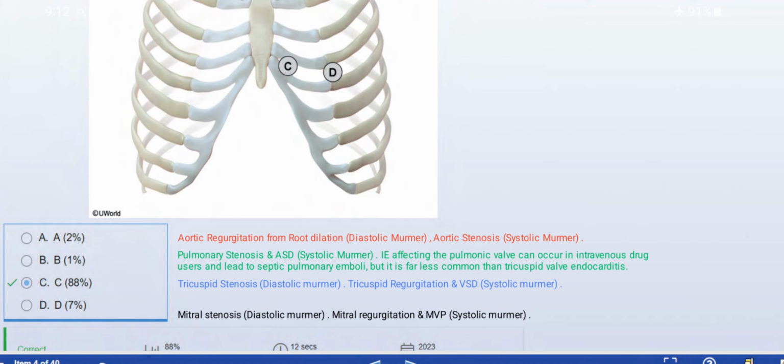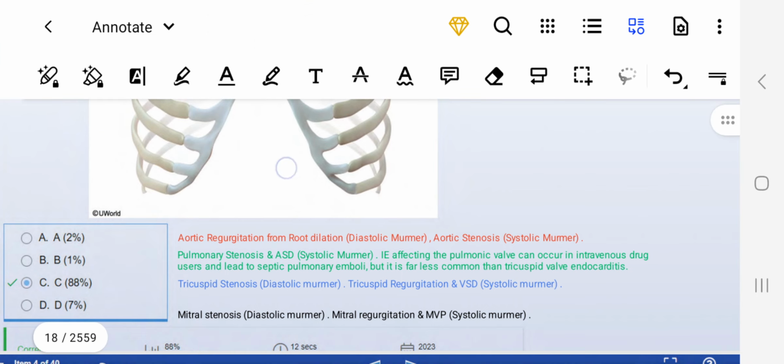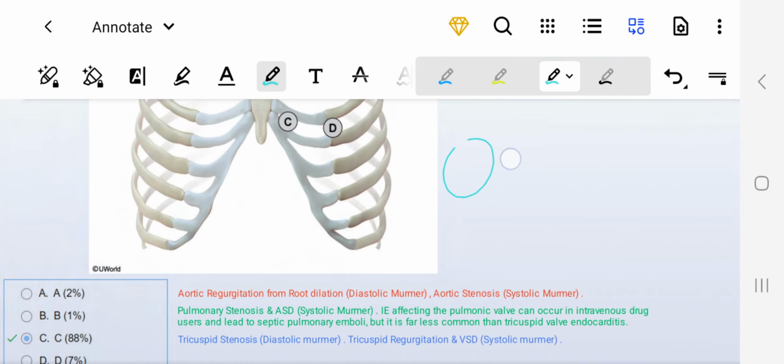One is tricuspid and one is mitral valve or bicuspid valve. Let me draw it for you guys. Let's say if this is the heart, between right atria and right ventricle, we have the tricuspid valve, and between left atria and left ventricle, we have the mitral valve or bicuspid valve.